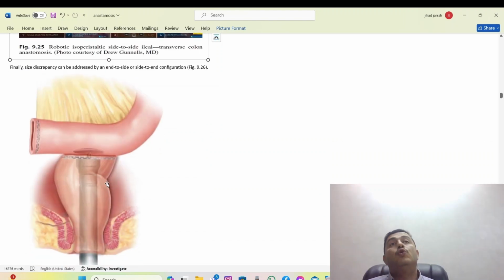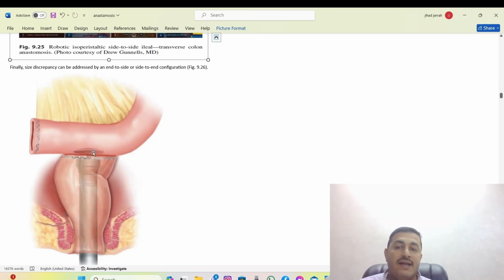Another way to deal with size discrepancy is to use end to side. End to side. Whatever the diameter, the end of the proximal limb, let's suppose, as you see in this picture, is already closed. And we have the end of the distal limb, it's wide, as you see, this is, I think, the rectum.